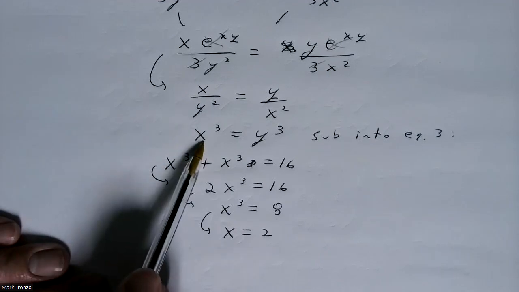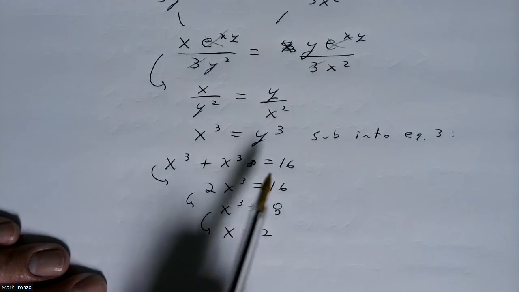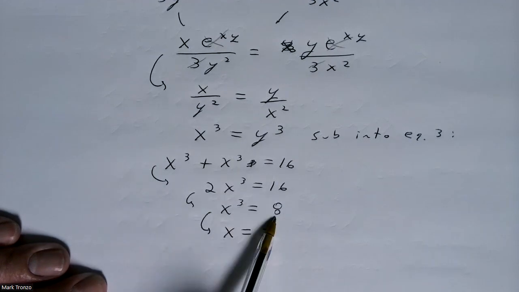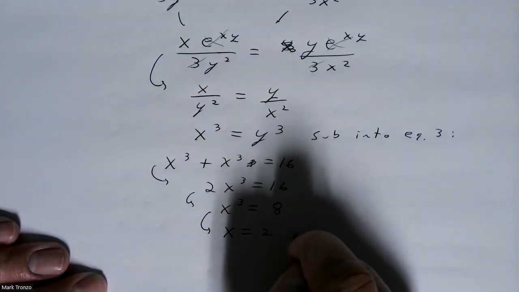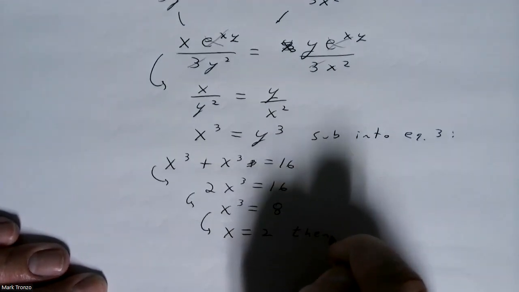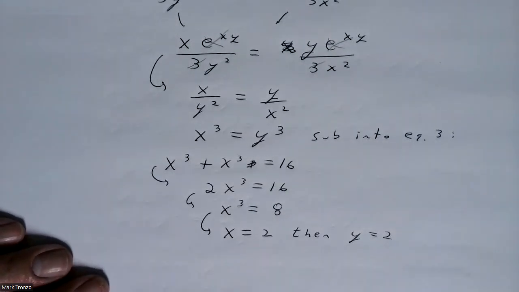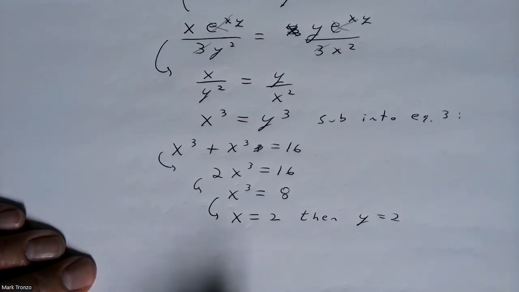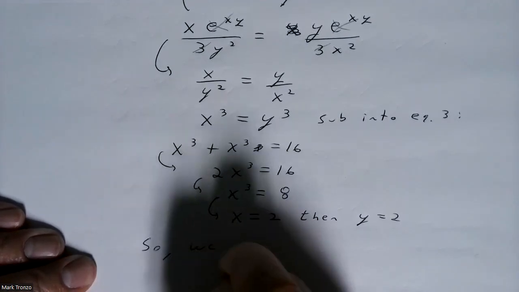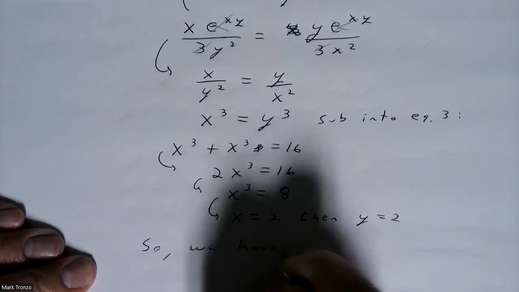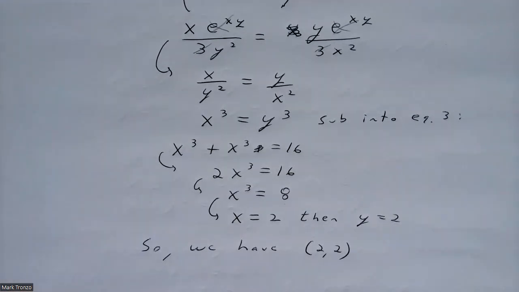And now notice up here, x cubed is equal to y cubed. So that means y cubed is also equal to 8, then also y is going to be equal to 2. Like that. So we have the point (2, 2).